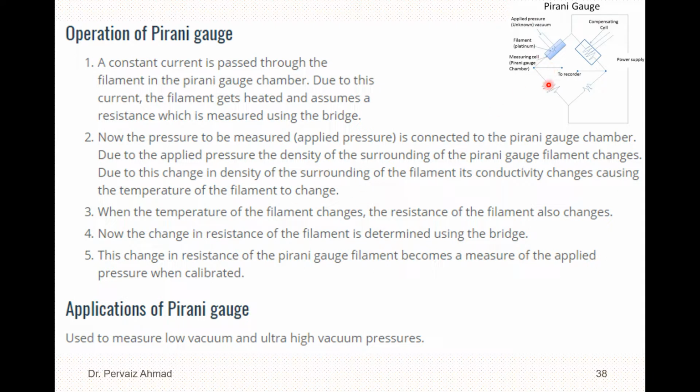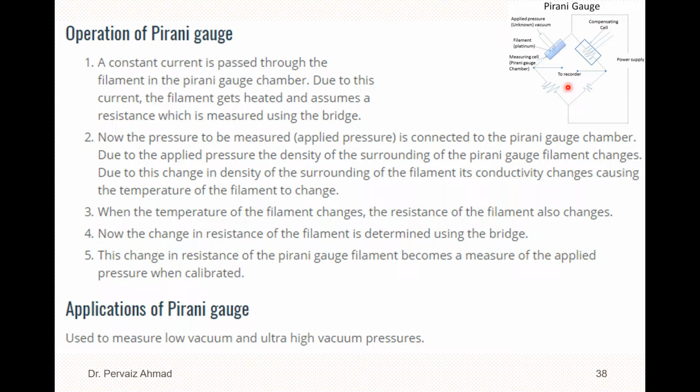We have the filament, and through this filament we pass the current. Due to the passage of the current, this filament is heated up, so it assumes a resistance. Due to heating, there must be some resistance, and this resistance is measured by the Wheatstone bridge.